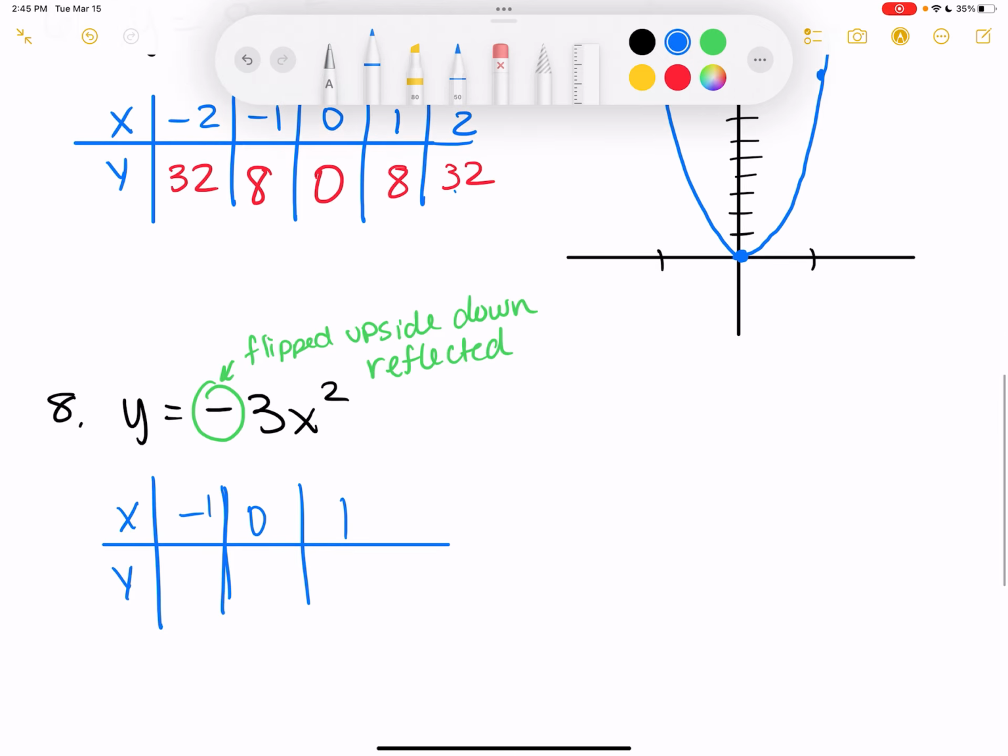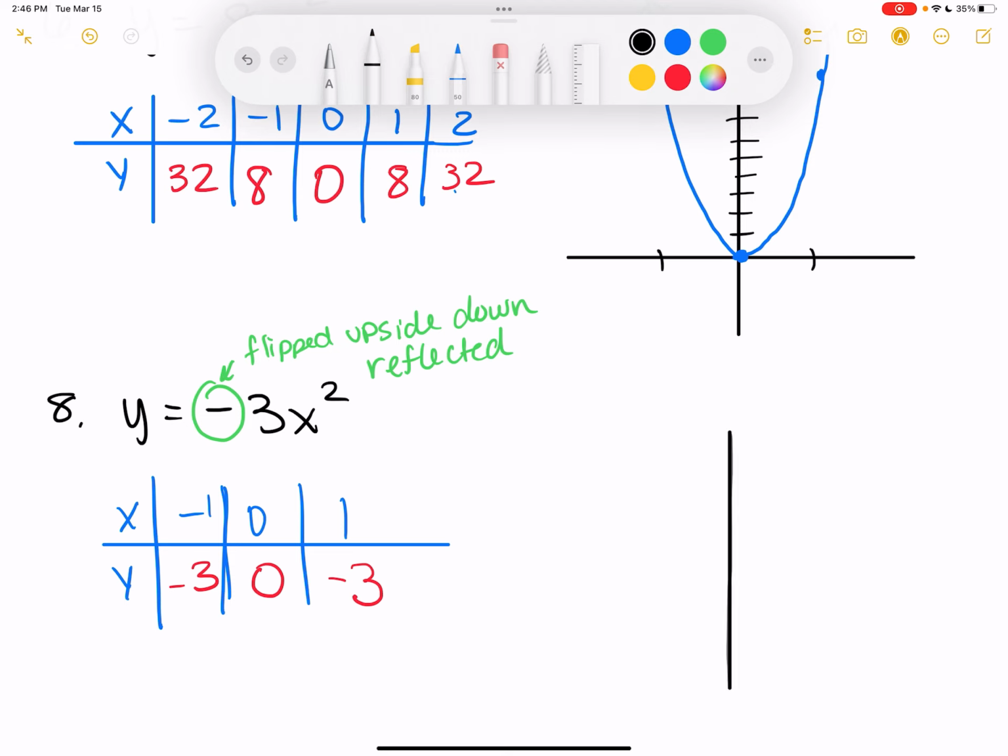All right, if I plug in negative 1, squared is 1, times negative 3 is negative 3. 0 squared is 0, times negative 3 is 0. 1 squared is 1, times negative 3 is negative 3.